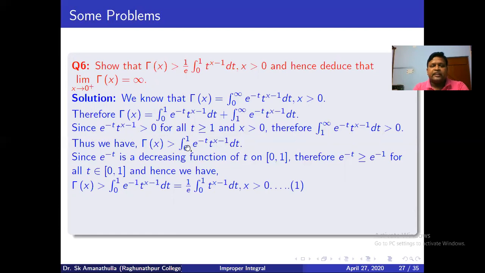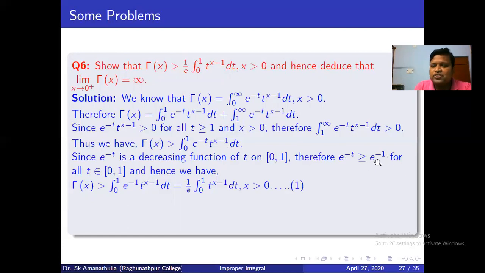And again, since e to the power t is increasing on any positive interval, e to the power minus t is decreasing, and we know that a decreasing function has its largest value at the start of the interval and its smallest value at the end. So e to the power minus t is greater than or equal to e to the power minus 1.